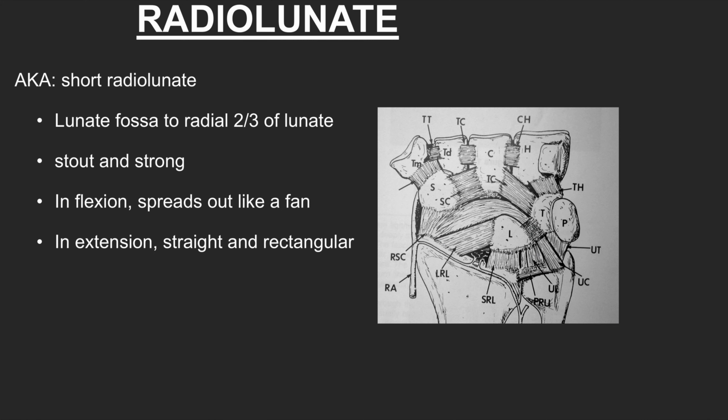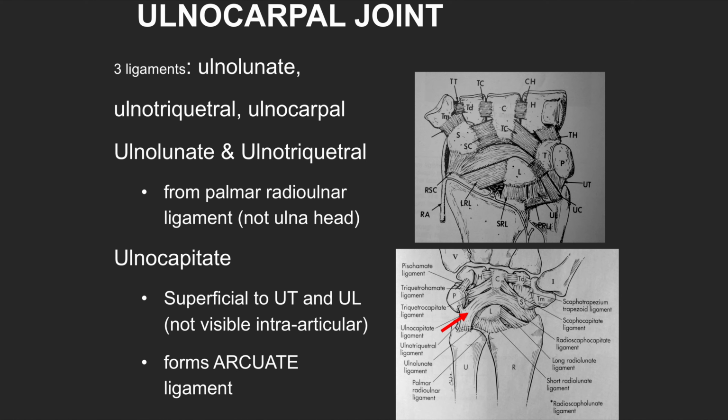The radiolunate, or the short radiolunate, goes from the lunate fossa of the radius to the lunate. It's stout and strong, and in flexion it spreads out like a fan, and in extension it becomes more rectangular. So when you look at the ulnocarpal joint, we have the ulnotriquetral, ulnocarpal, and ulnolunate ligaments.